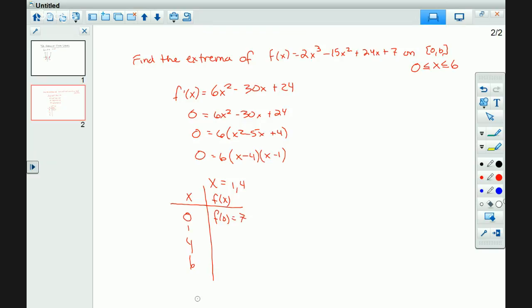Okay. What's F of 1? Minus 15. Negative 13 plus 24 is 11 plus 7, 18.